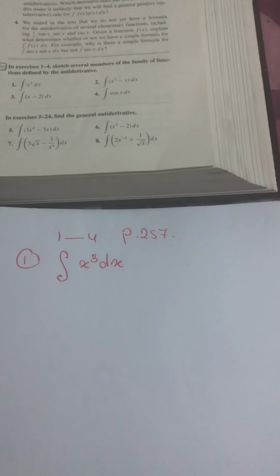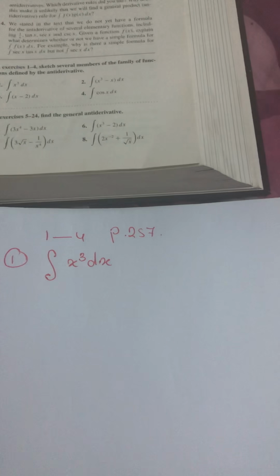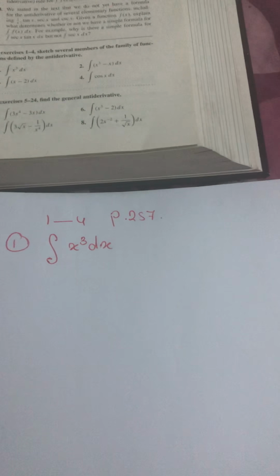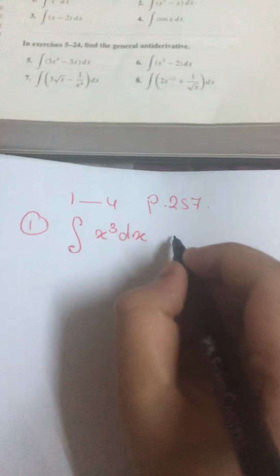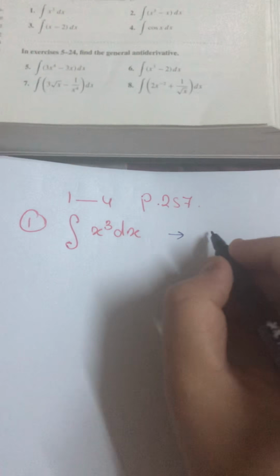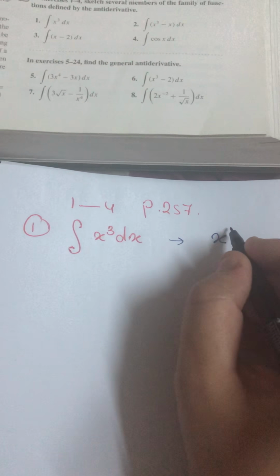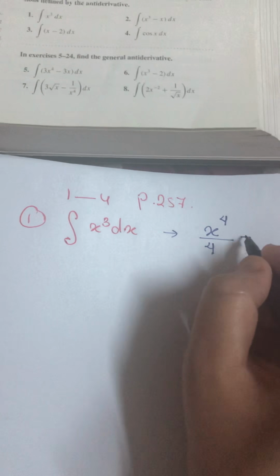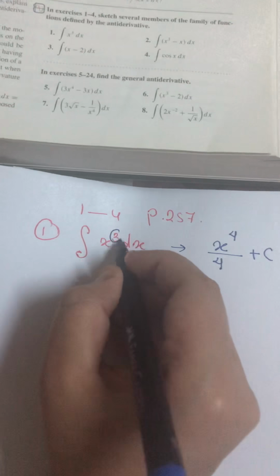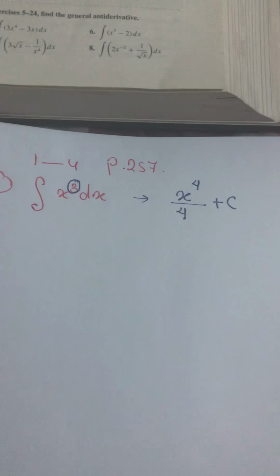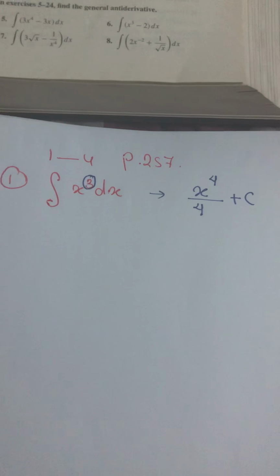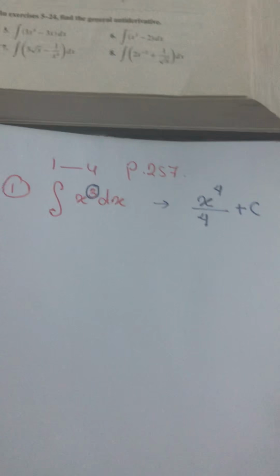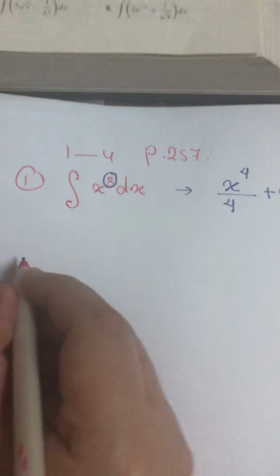Okay, so I will say that the answer is x to the power of 4 over 4 plus c. So what did I do? I added 1 to the power first, and then divided by the new power, and then added c for the number that I don't know.